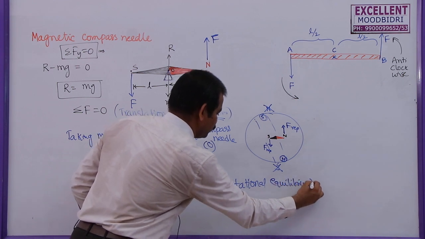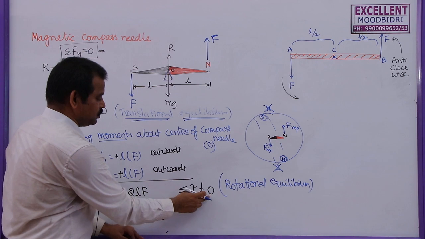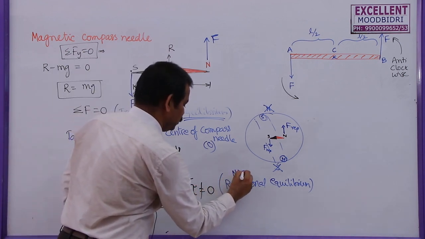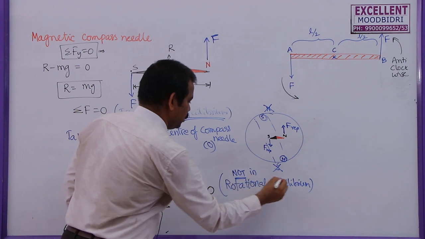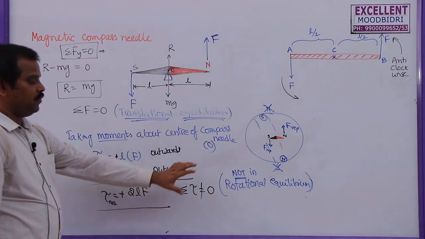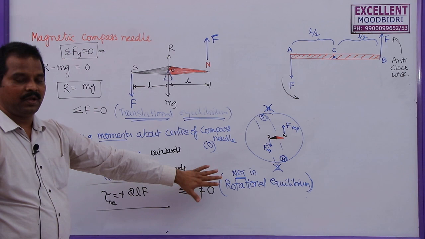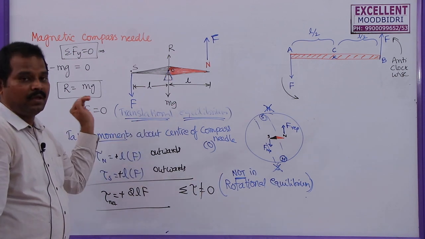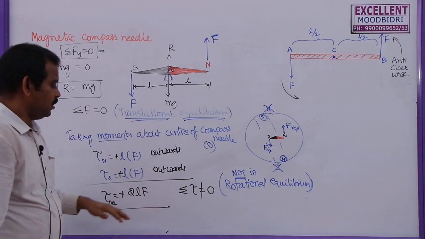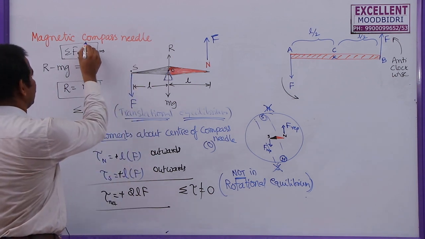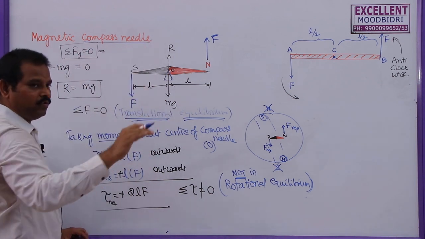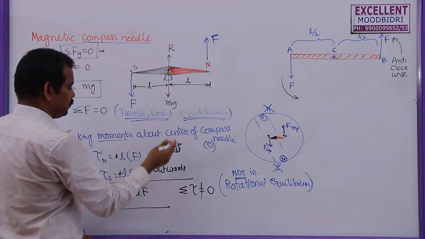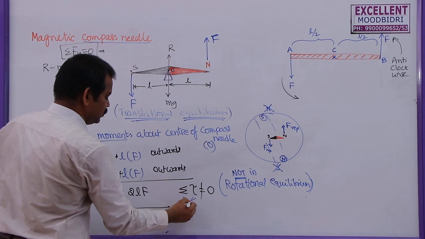The condition for rotational equilibrium is that sigma tau must be 0, but sigma tau is not equal to 0, so it is not in rotational equilibrium. Whenever a body is not in rotational equilibrium, it will rotate. Whenever a body is not in translatory equilibrium, it will travel along a straight line. Here, the compass needle cannot move within the compass needle box, but it can rotate because of the net torque acting on this system.